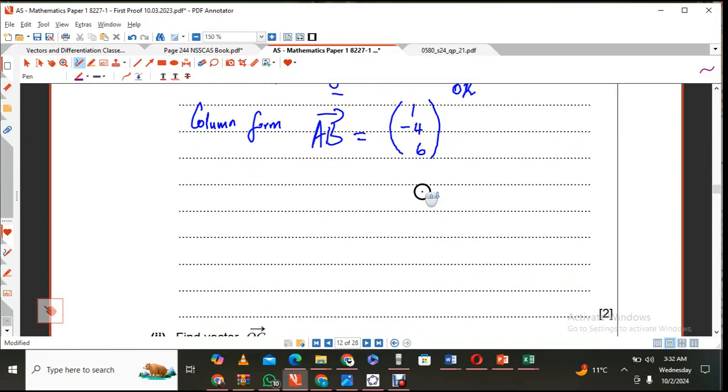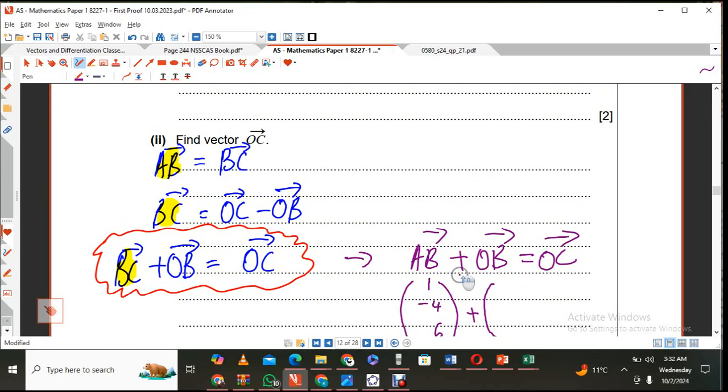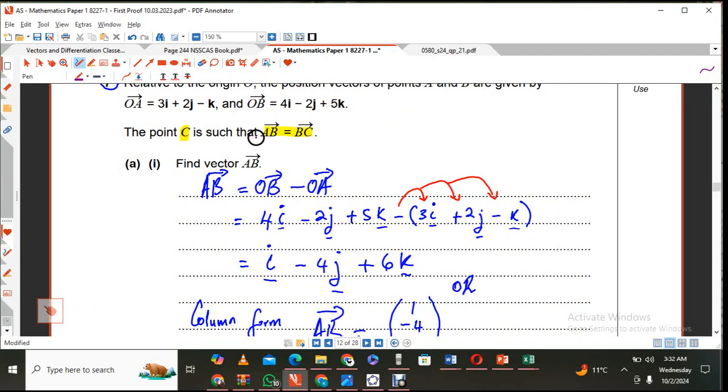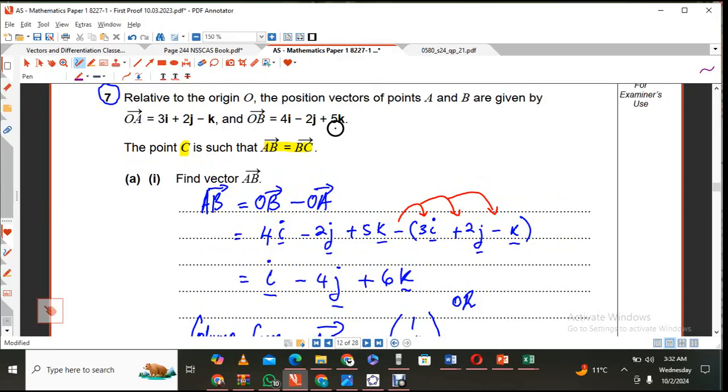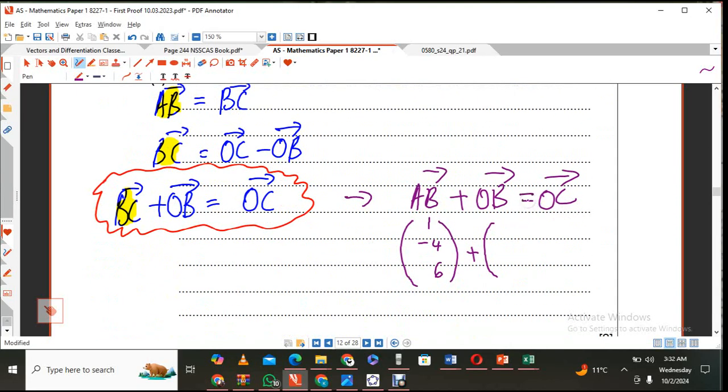AB is 1, -4, 6. So we're simply going to add the components together. And OB, as it was given to me in base vectors, is 4, -2, and 5.